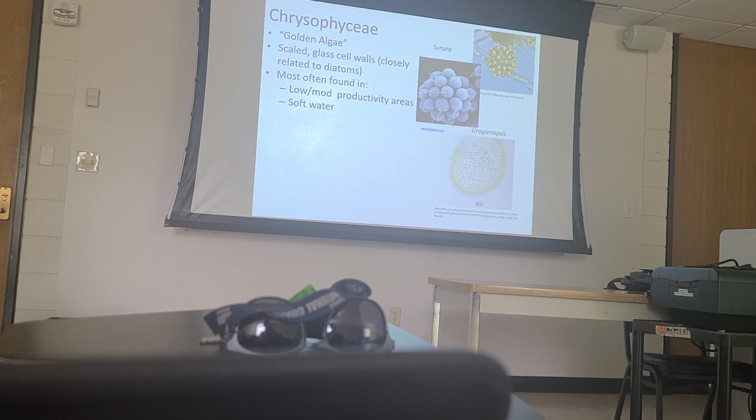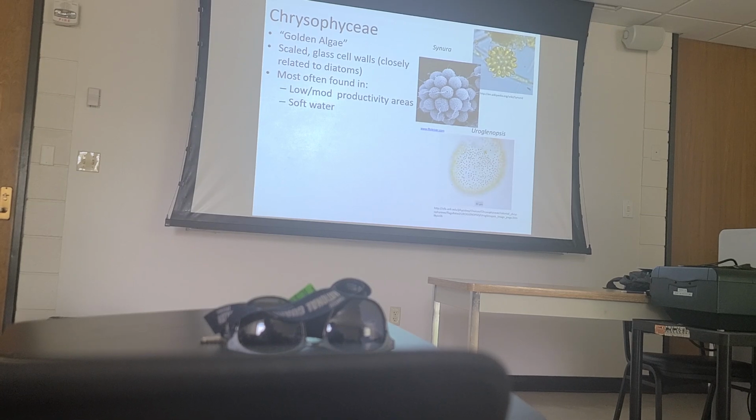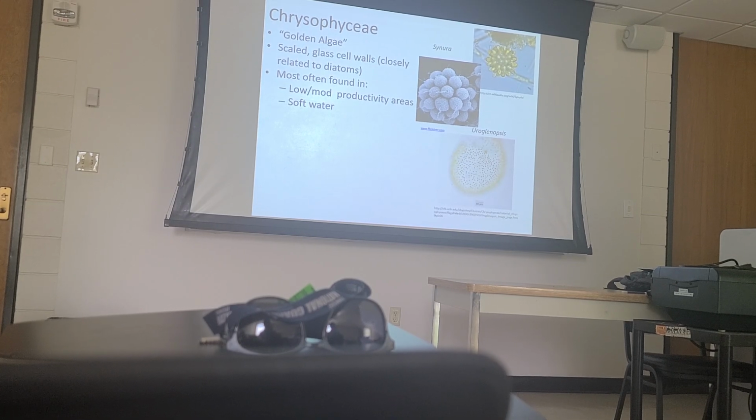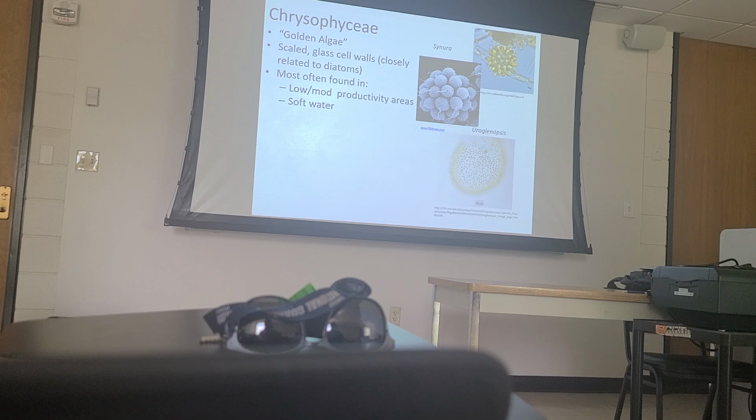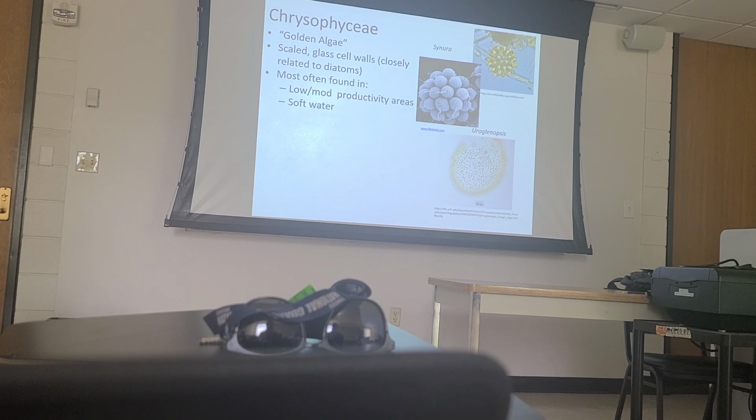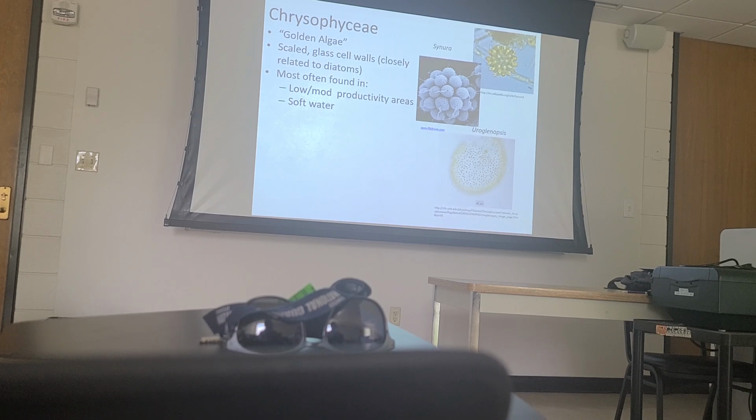Hard water has more calcium or magnesium ions in it. So you might hear people with hard water complain about scale on their like coffee makers or humidifiers or faucets, and that's just the calcium depositing. So soft water does not have a lot of calcium or magnesium.